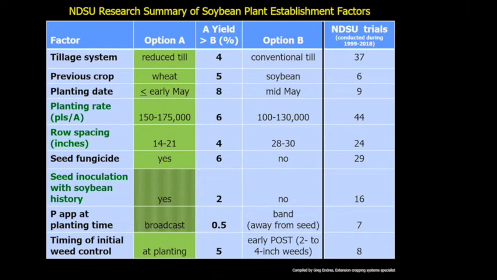And then seed inoculation with soybean history. There's 2 sides of the fence on this, but I want you to consider with the average of 16 trials that we've conducted, we see a modest yield increase by continuing to inoculate the seed with the proper rhizobia bacteria, even though there is a field history with soybean.